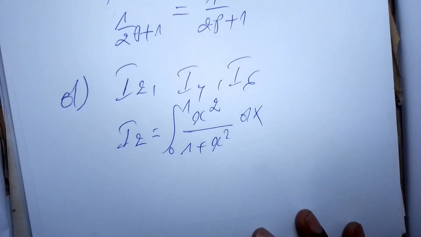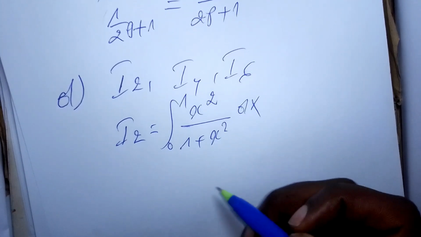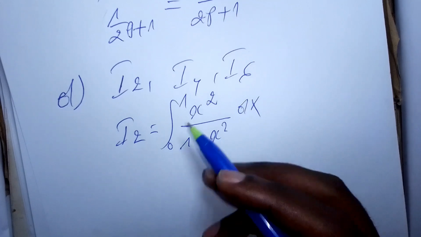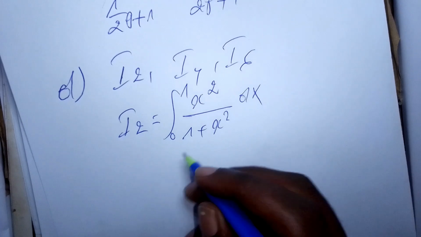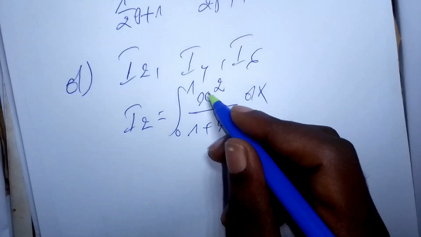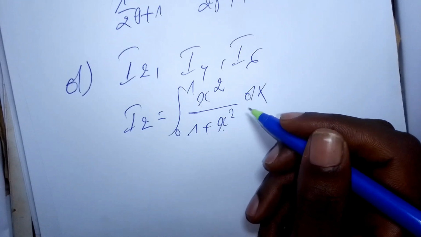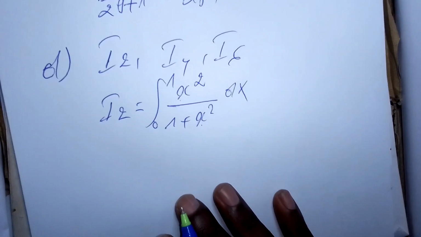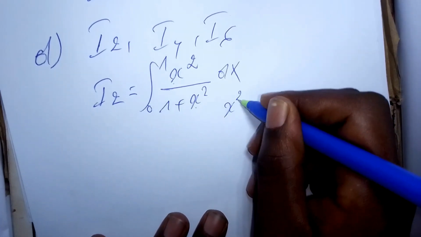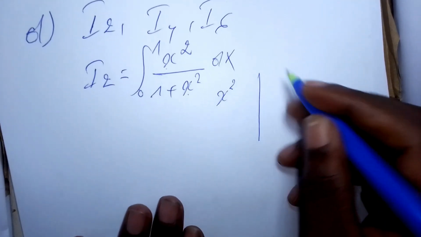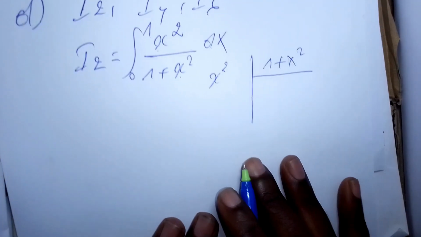We are going to integrate like we did in sub-questions A and B. Because we have the same degree, we can divide with long division: x squared divided by 1 plus x squared.